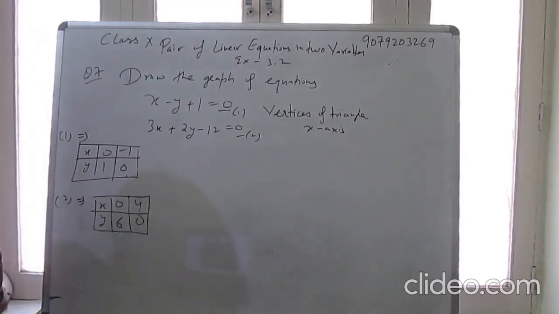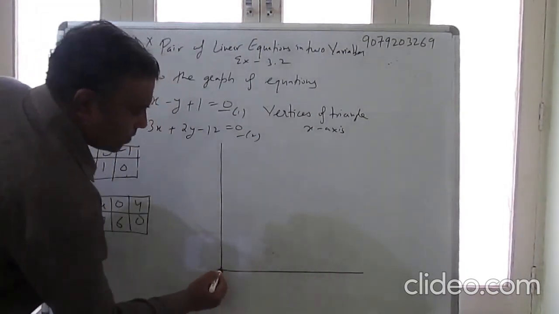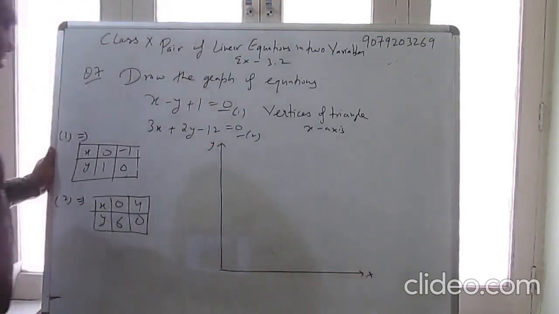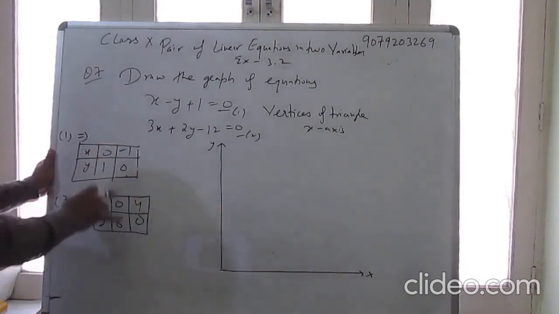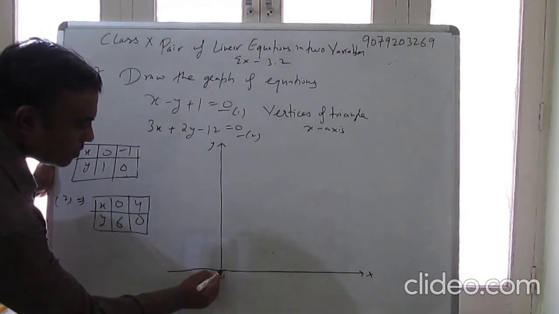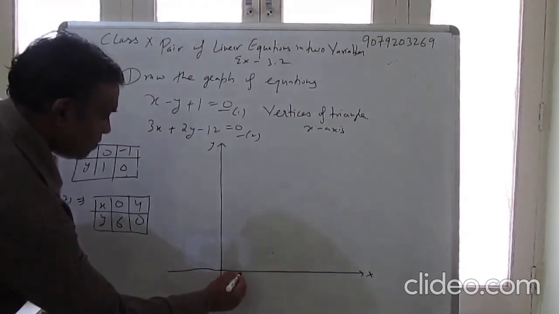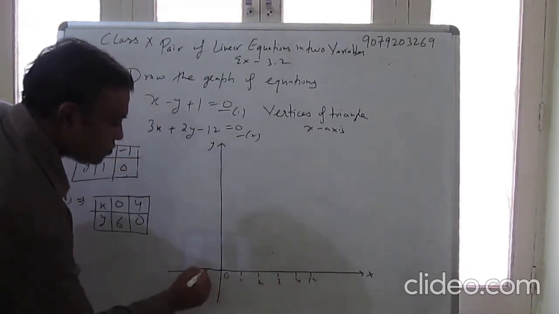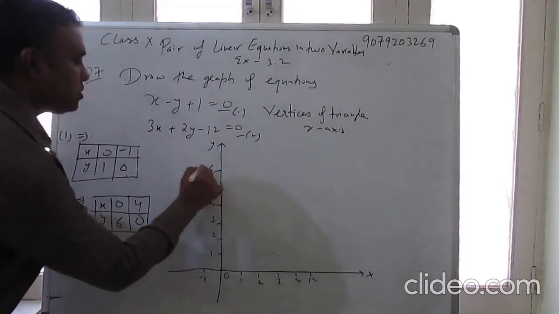So plot these points in the graph. You do it on graph paper. Y-axis, x-axis, and one coordinate is negative, minus 1, 0. So extend it. 0, 0. 1, 2, 3, 4, 5, minus 1, 1, 2, 3, 4, 5, 6.